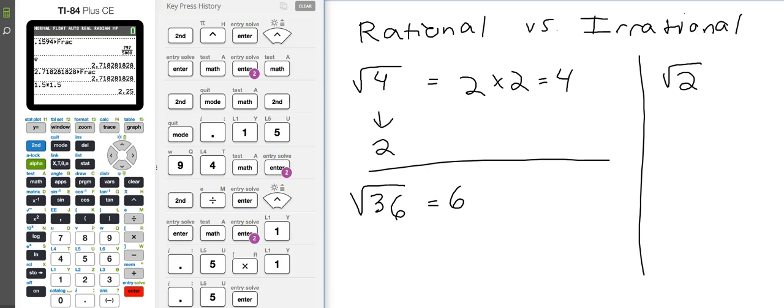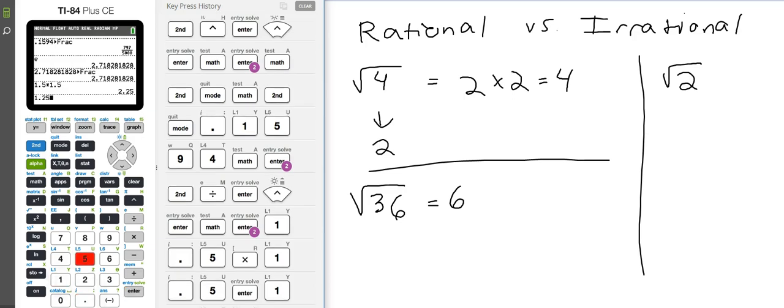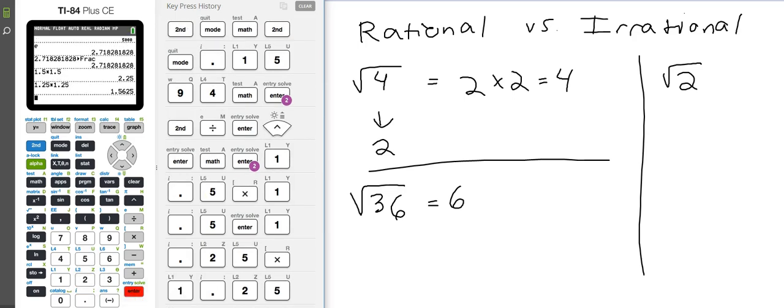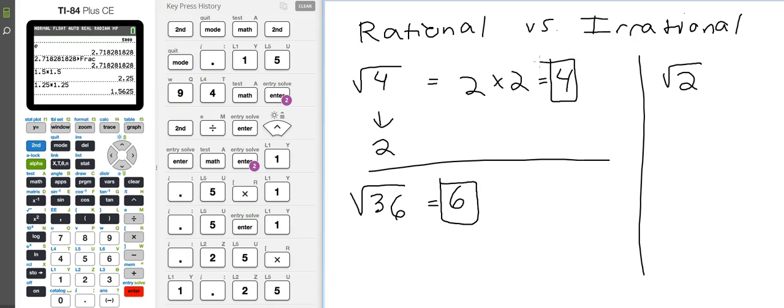Let's try something smaller. 1.25 times 1.25. 1.5625. Nope, that's smaller than 2. There are no two numbers, no matter how much you try, no two rational numbers, no two whole numbers like 6, or like 4, or like 2, that you can multiply by each other that will give you 2.